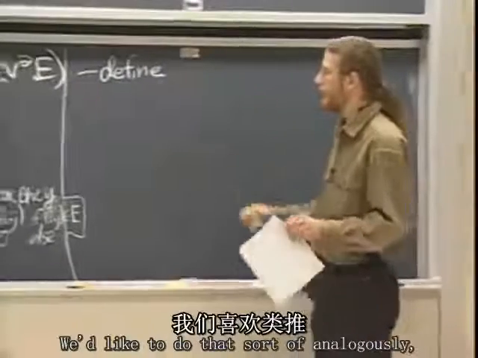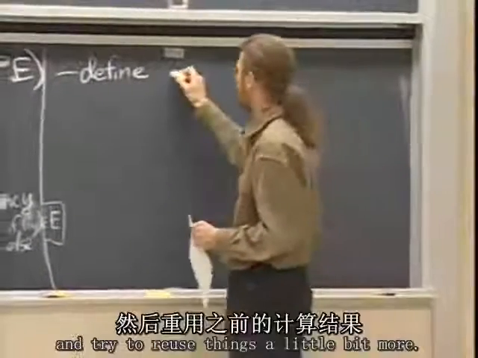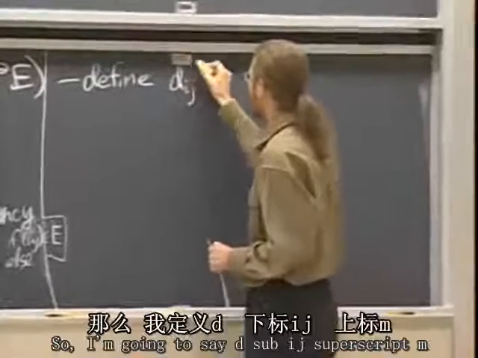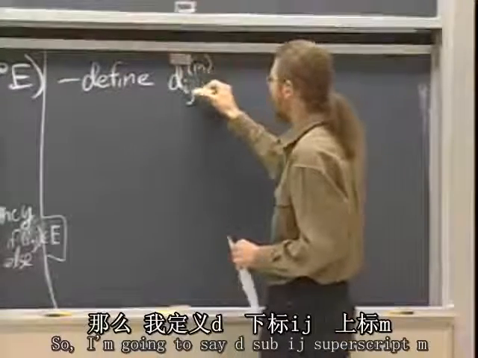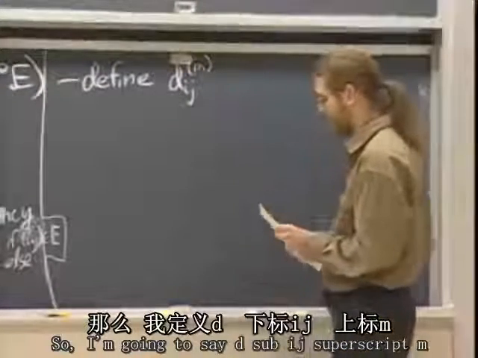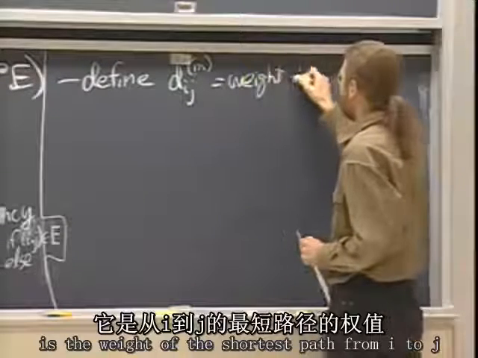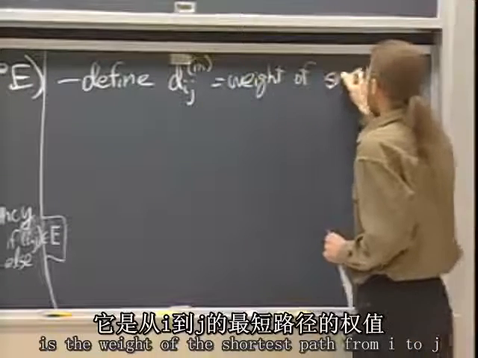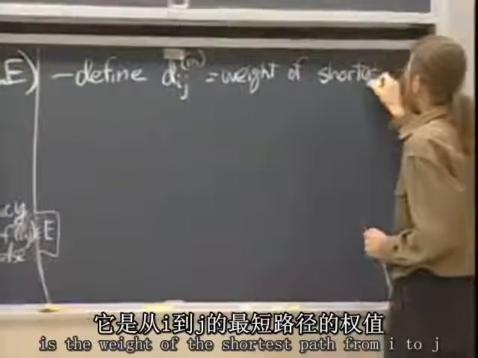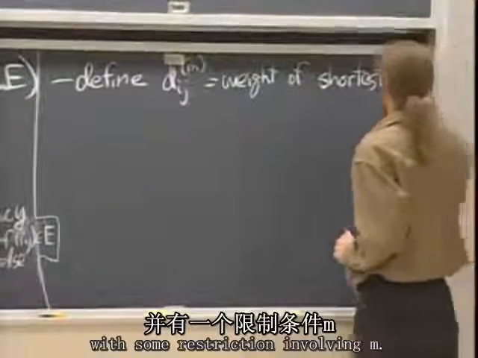We'd like to do that sort of analogously and try to reuse things a little bit more. So I'm going to say d sub ij superscript m is the weight of a shortest path from i to j with some restriction involving m.